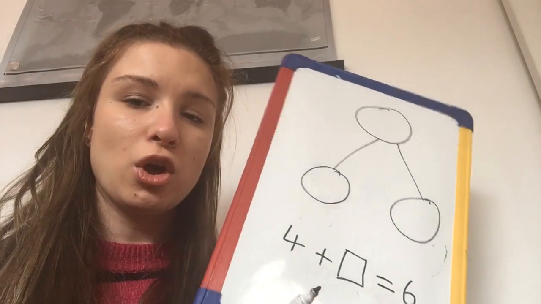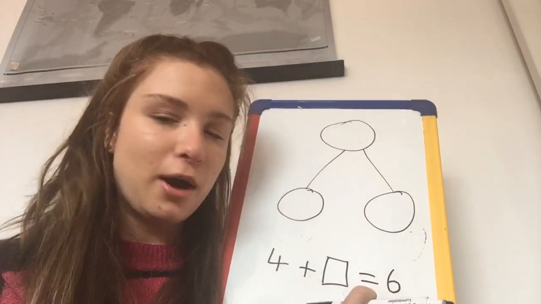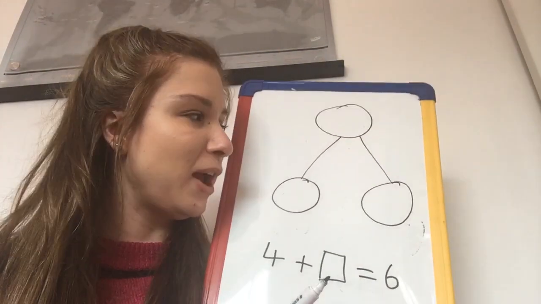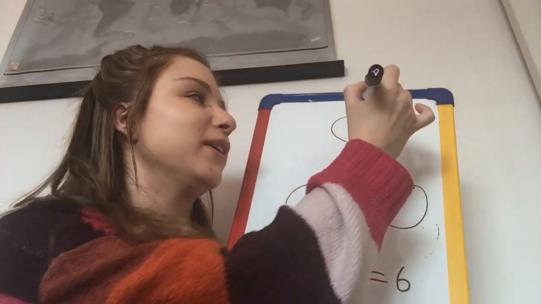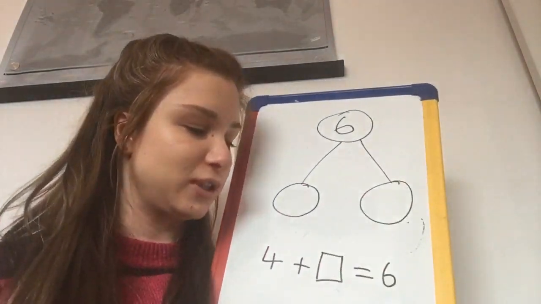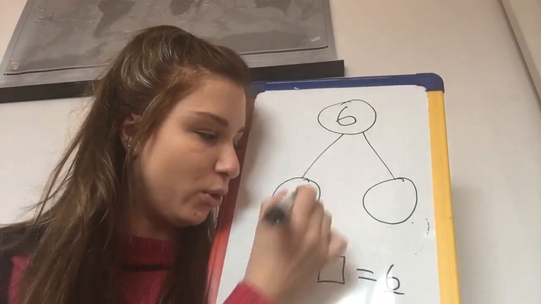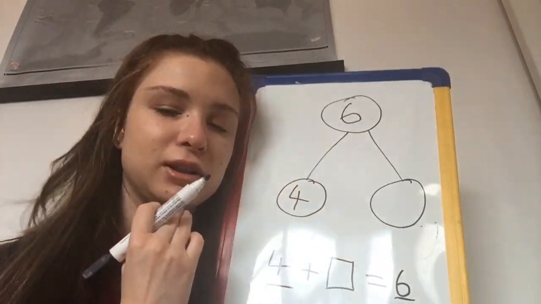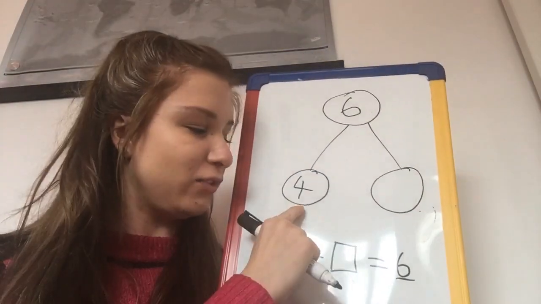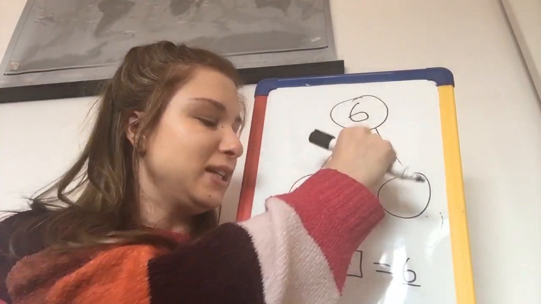Now, this time, we've got our biggest number. So where am I going to put that? Good, I'm going to put it at the top. So I've got 6 at the top as my whole, which means that 4 is a part. So I need to find out how I get from 4 to 6.